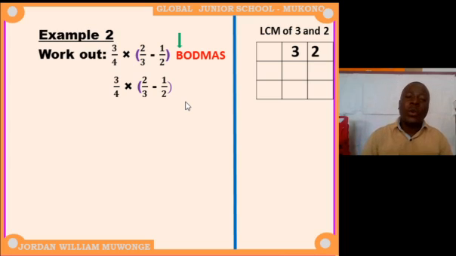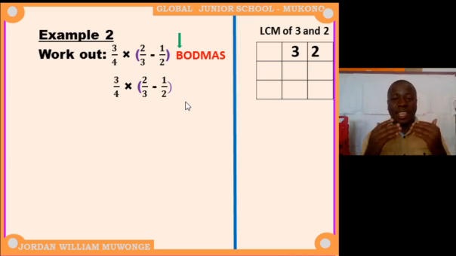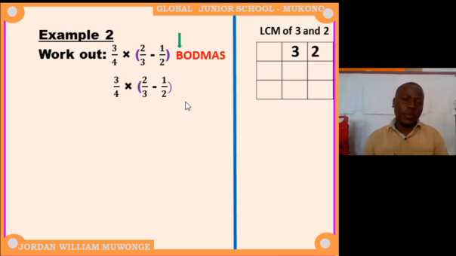Now ask yourself, what smallest prime number can divide either 3 or 2, if not both? Remember, prime numbers include 2, 3, 5, 7, 11, 13, 17, 19, to mention but a few.